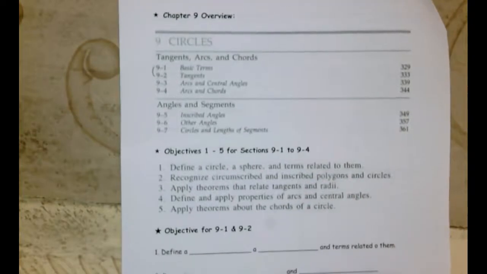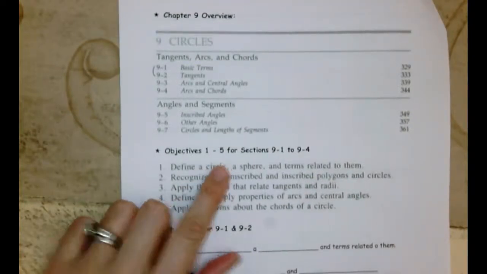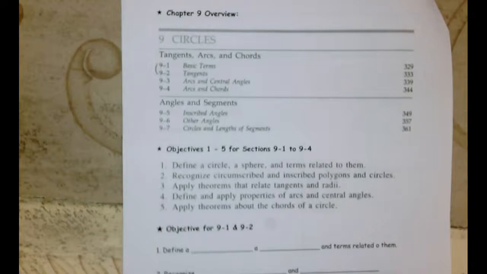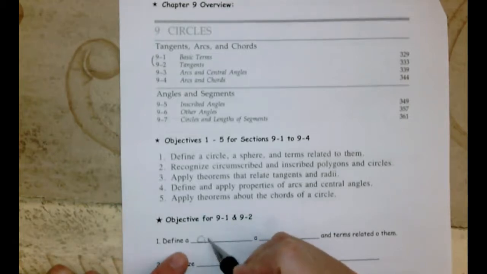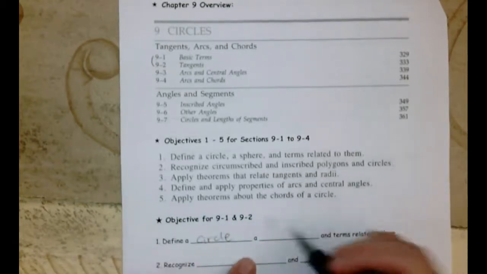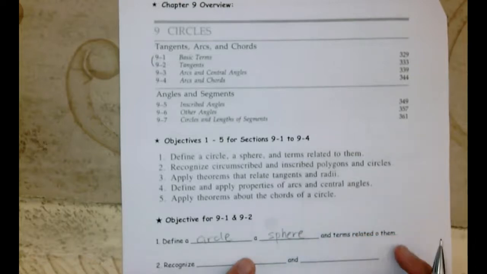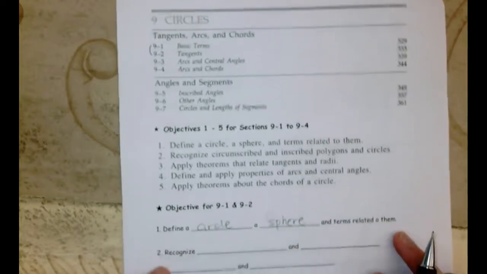Okay, and there are 5 objectives through these 4 sections. So 3 of them are actually in this packet. Define a circle, a sphere, and terms related to them.